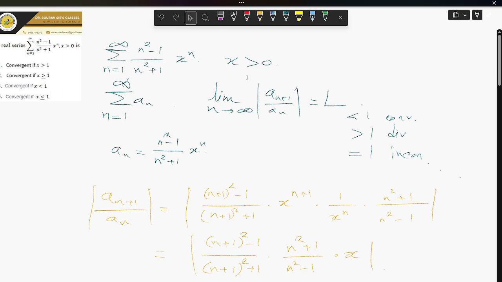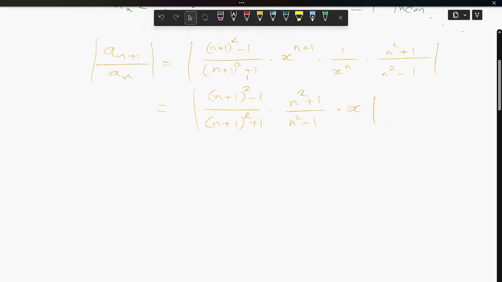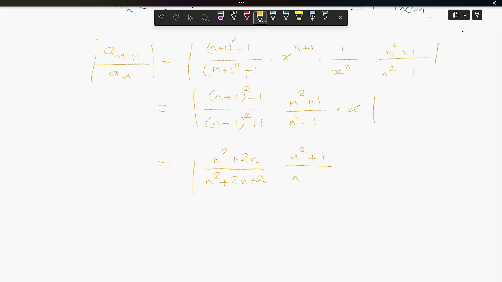Okay, very good. So now after simplifying these things, we will have that equals (n square plus 2n) upon (n square plus 2n plus 2) into (n square plus 1) by (n square minus 1) into x.